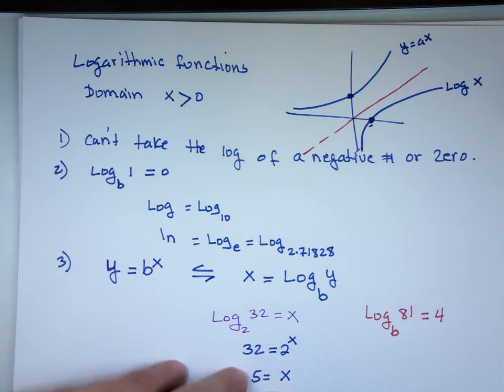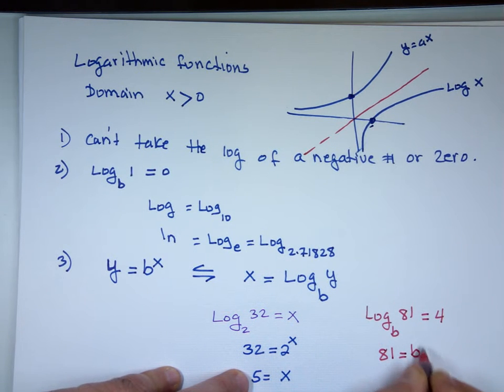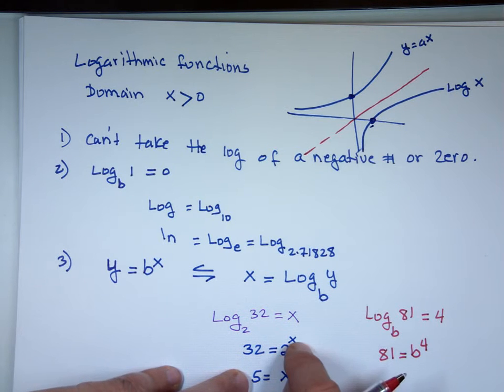Change it using this property. It says, 81 should equal b to the power of 4. Here I was looking for the power. Here I'm looking for the base. What number, if I raise it to the 4th power, the answer is 81? Is it 3 to the 4th equals 81? So b will have to be 3 here.